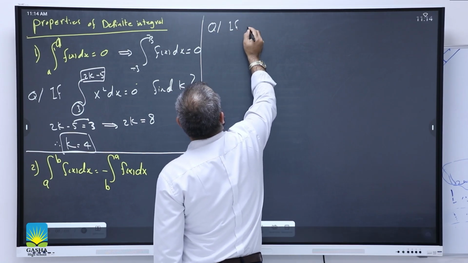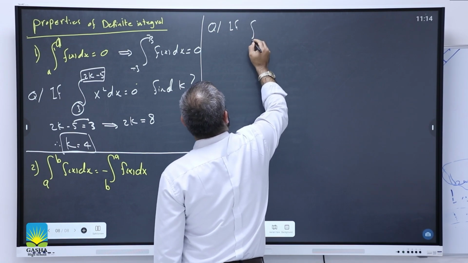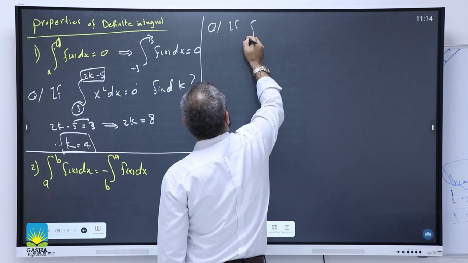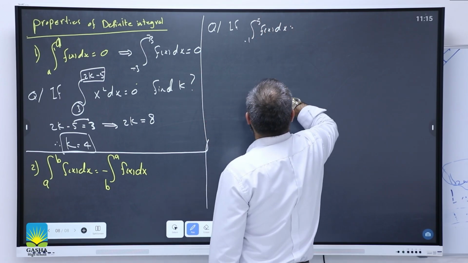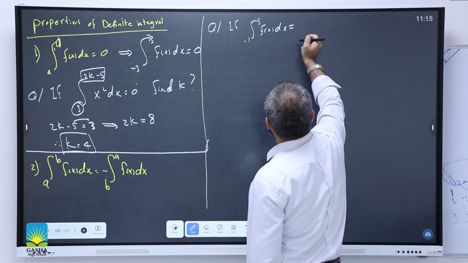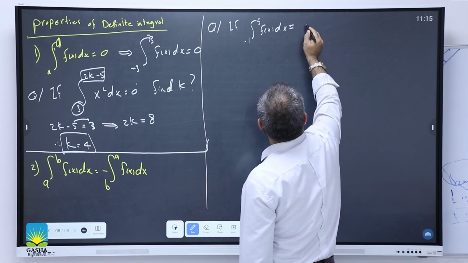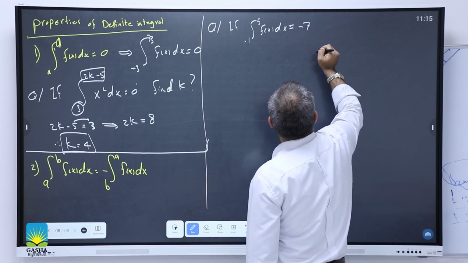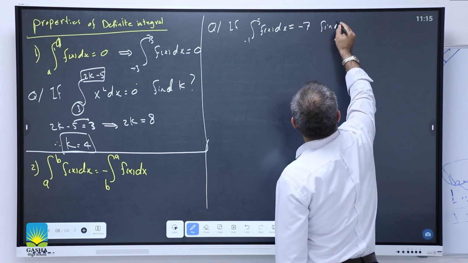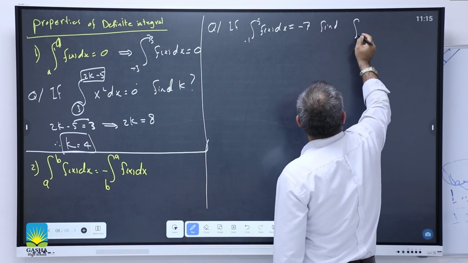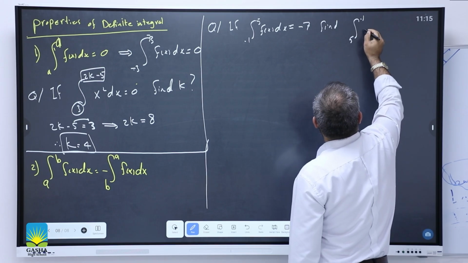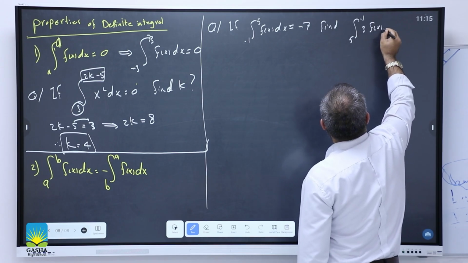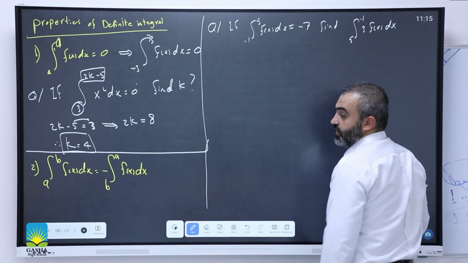if the integral from negative 1 to 5 of f of x dx, any function, equals negative 7, find the integral from 5 to negative 1 of 3 f of x dx, right?